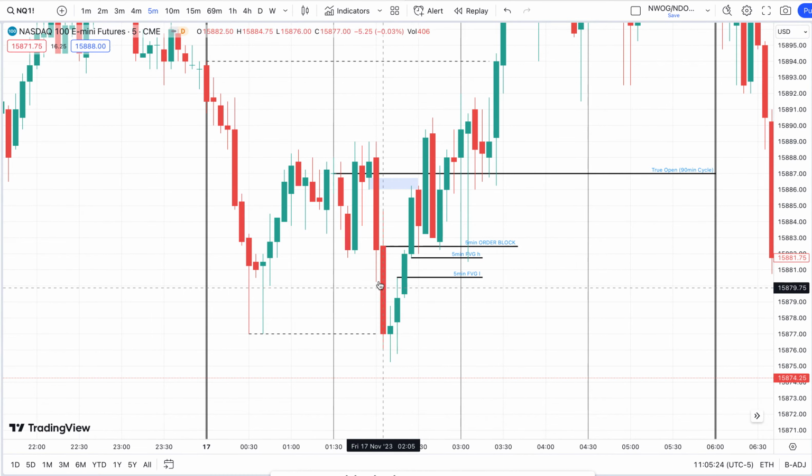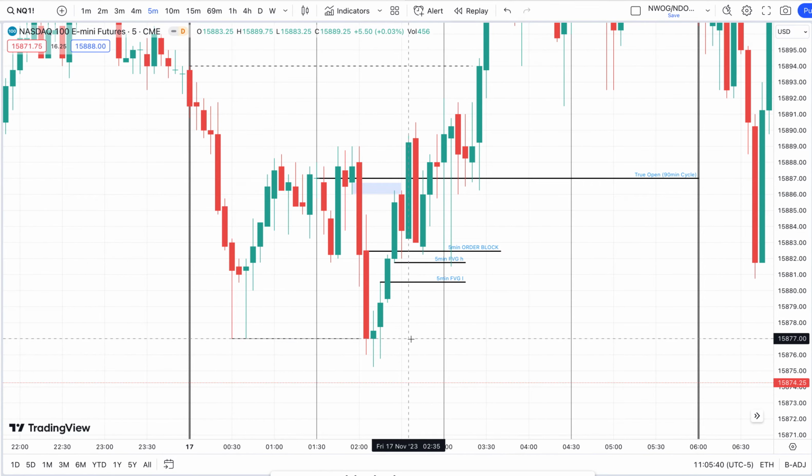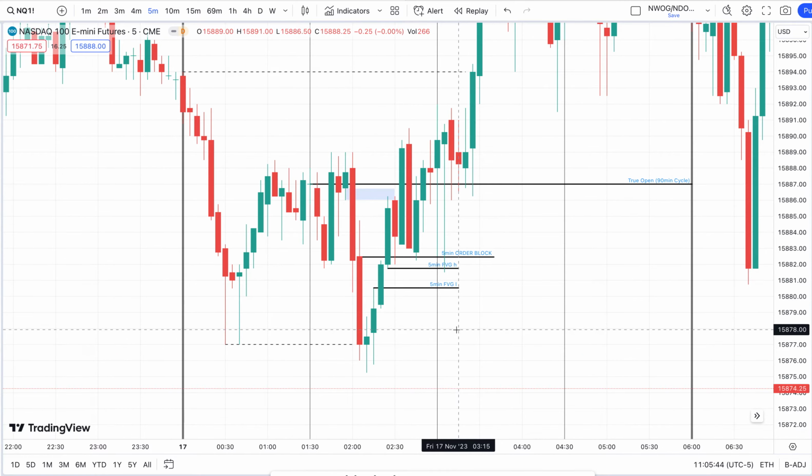And you see how this fair value gap that's made here gets filled and violated, making this now an order block. In terms of entry and targeting, so this low takes out this low.